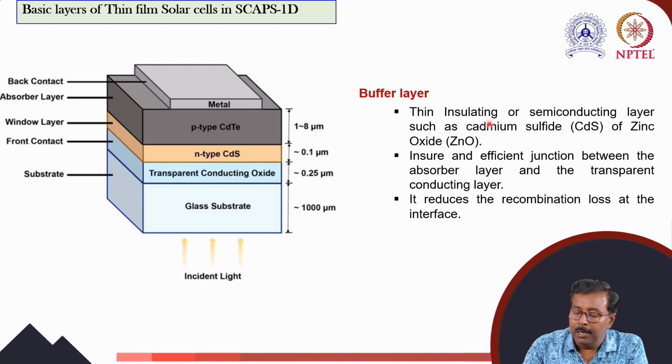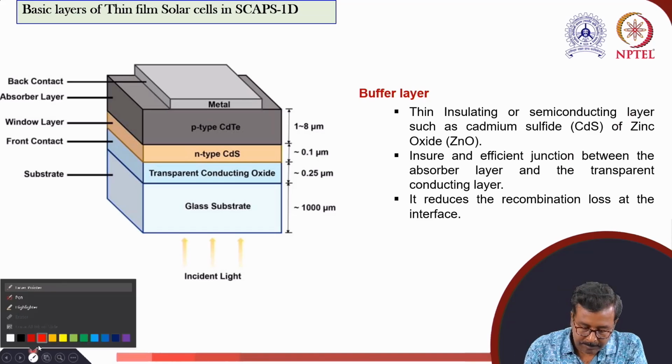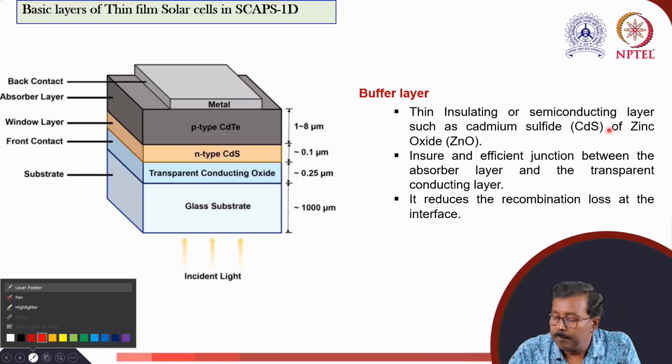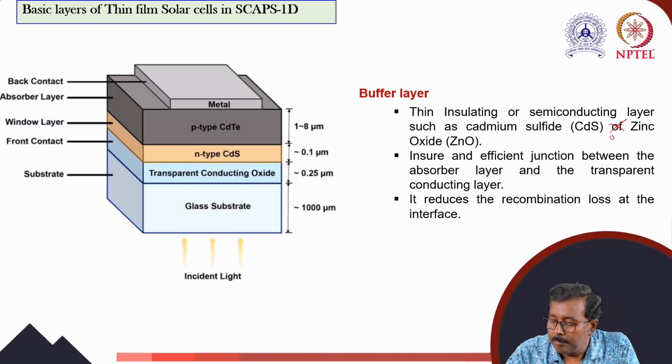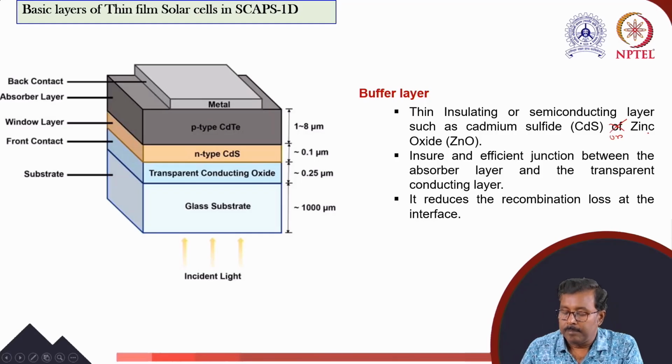And a buffer layer, a thin insulating or semiconducting layer such as cadmium sulfide or zinc oxide, can be used to passivate the two surrounding layers by inserting a thin layer.